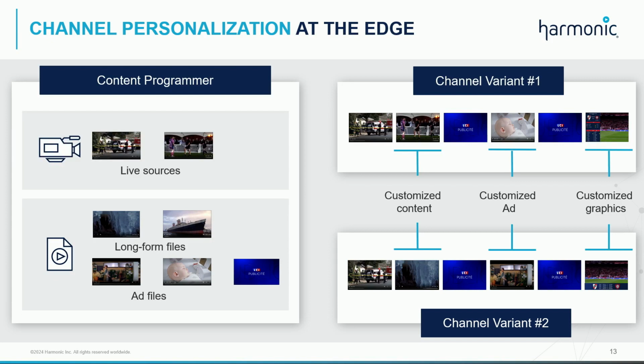And speaking of which, we have a lot more demands in terms of channel variant creation, whether it's about replacing content, replacing ads, or doing region-specific graphics and overlays. And similarly, you need to be able to do this whatever the type of distribution mechanism that you're going to use.